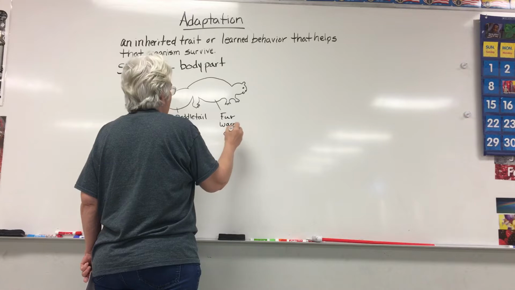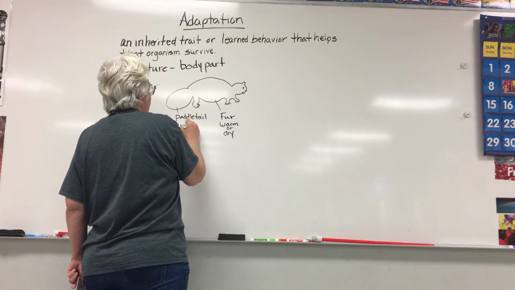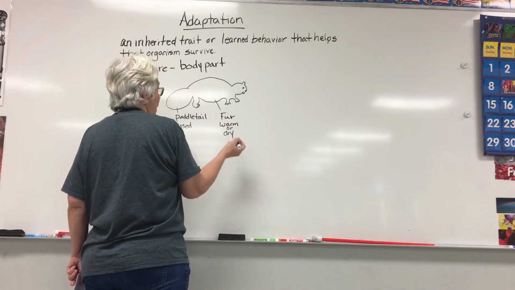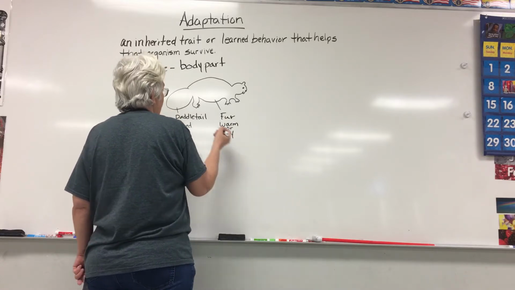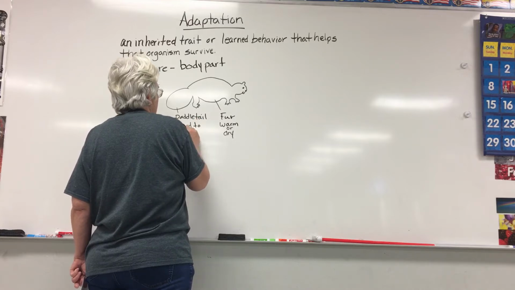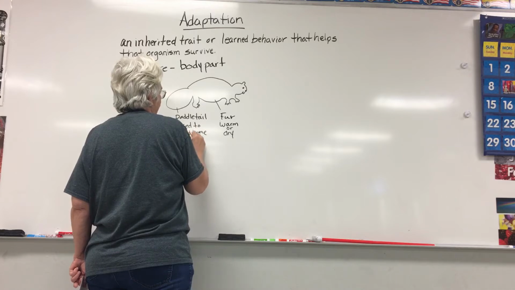Okay, because if he was to get wet and get chilled and get cold, what would happen to him? He would get sick and he would die. And this is used to build home, okay, or swim.